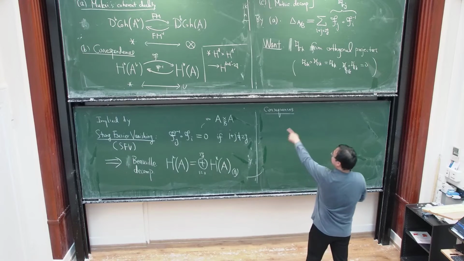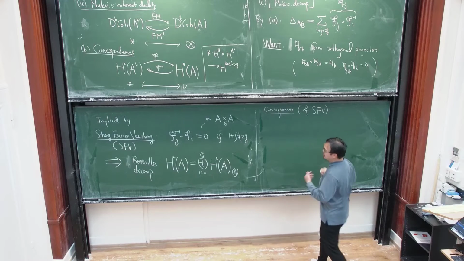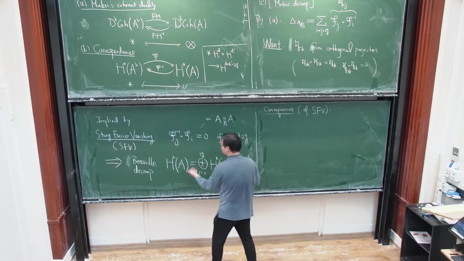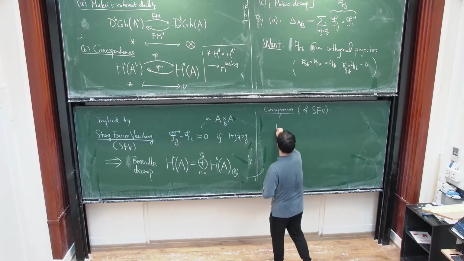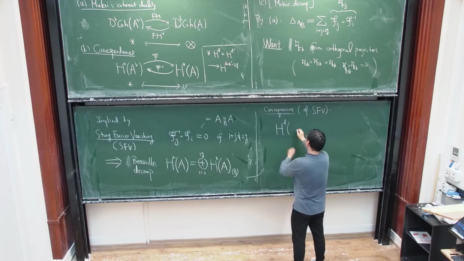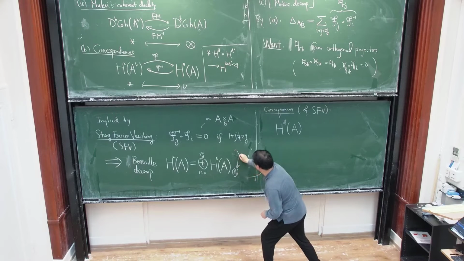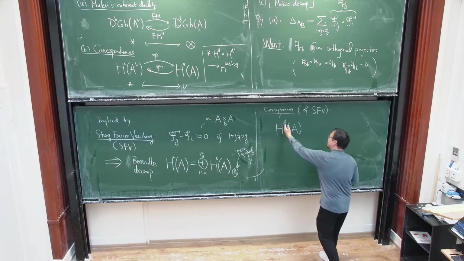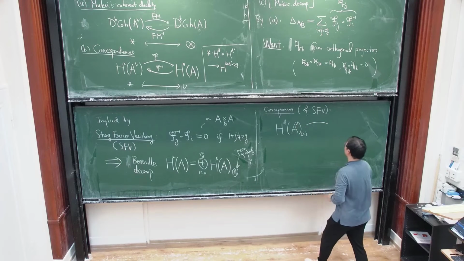Having this strong Fourier vanishing, we get something much stronger than only a decomposition: we know that this decomposition is stable under the Fourier operator. For example, consider H^d of A, where you can secretly think of this j as the perverse grading, and the second grading is i, then dual.